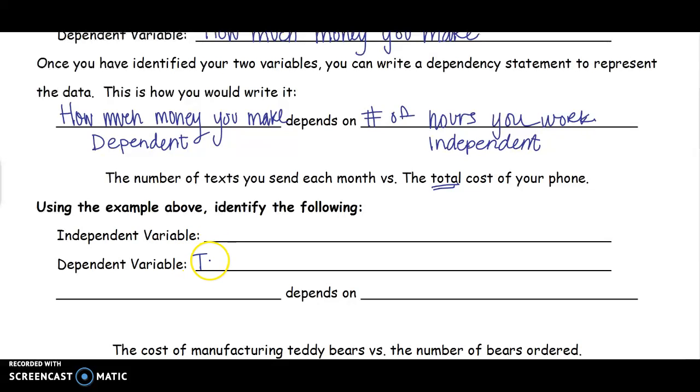So this would be the total cost of your phone. And your independent variable would be what's going to change that total cost of your phone, and it would be the number of texts you send each month.